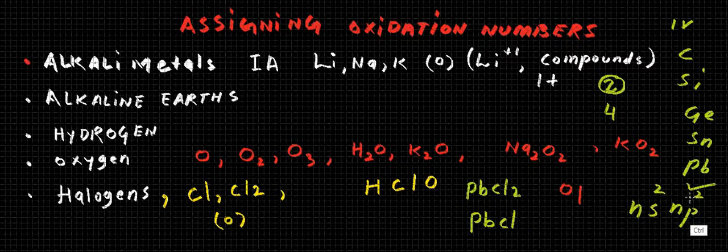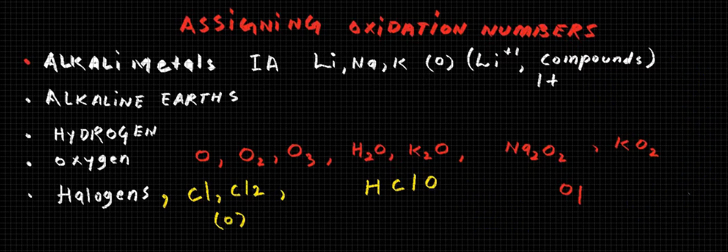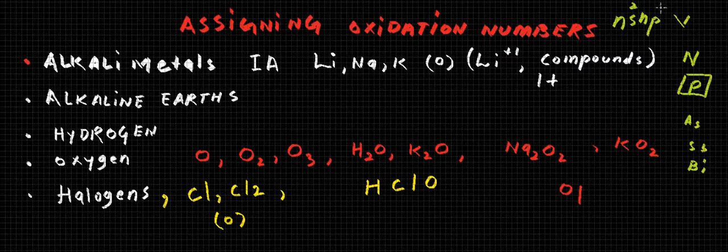Similarly, if we talk about any other group of the periodic table, say for example, the fifth group, we have nitrogen, phosphorus, arsenic, antimony, and bismuth. Again, the fifth group has 2 electrons in the s and 3 electrons in the p.